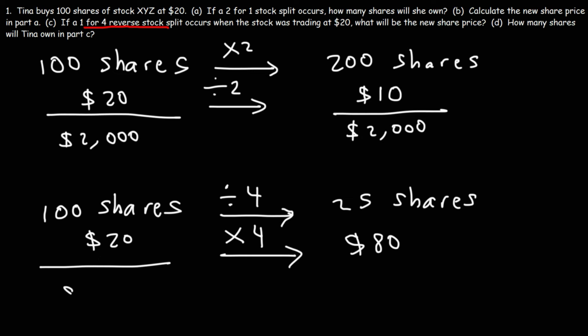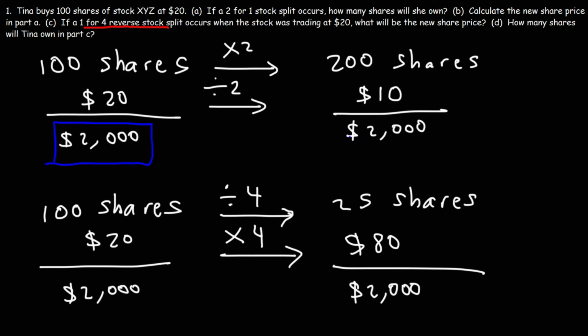Now her initial investment is still $2,000. And then after the reverse stock split, her investment will be 25 times 80, which is also $2,000. So as you can see, in a forward stock split and in a reverse stock split, the value of the investment doesn't change.